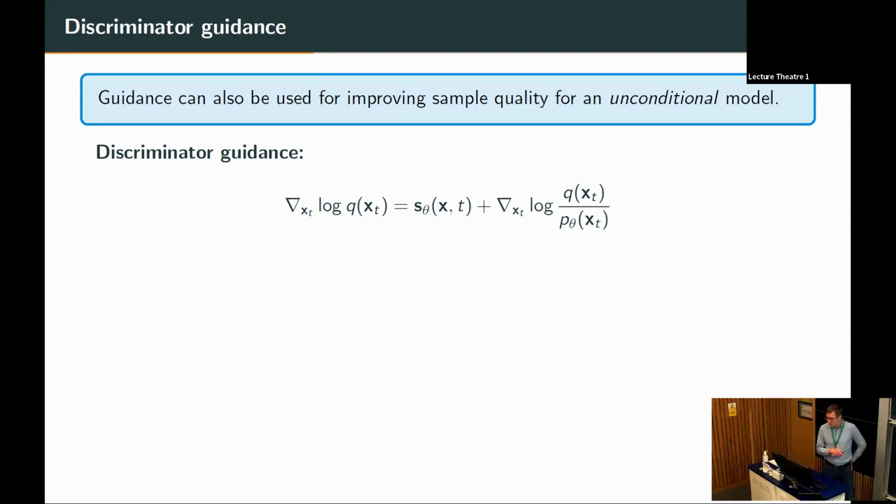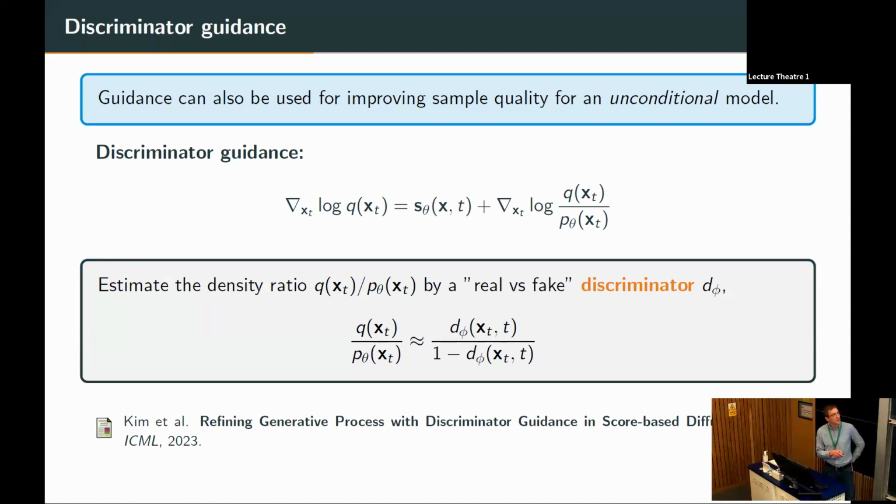So we haven't really done anything useful so far, but the idea in discriminator guidance is that we can now try to estimate this ratio by training some external discriminator, and this is similar to what's done in generative adversarial networks. We train a model to distinguish between generated and real samples. That's what I mean by this real versus fake discriminator.